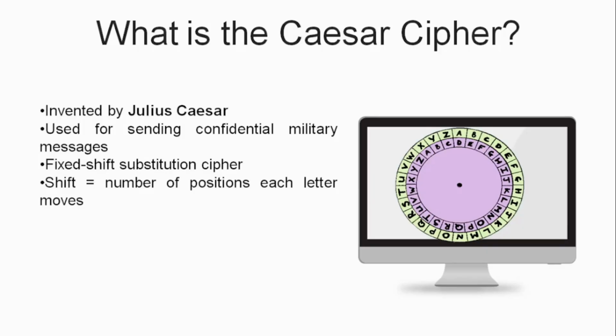Now let's discuss what the Caesar cipher is. The Caesar cipher was invented by Julius Caesar, the Roman military leader, and he used it to send confidential military messages so that enemies could not understand them if intercepted. This Caesar cipher is a fixed shift substitution cipher. This means that each letter in the message is shifted by a fixed number of positions in the alphabet, and the fixed number is called the key or the shift value.